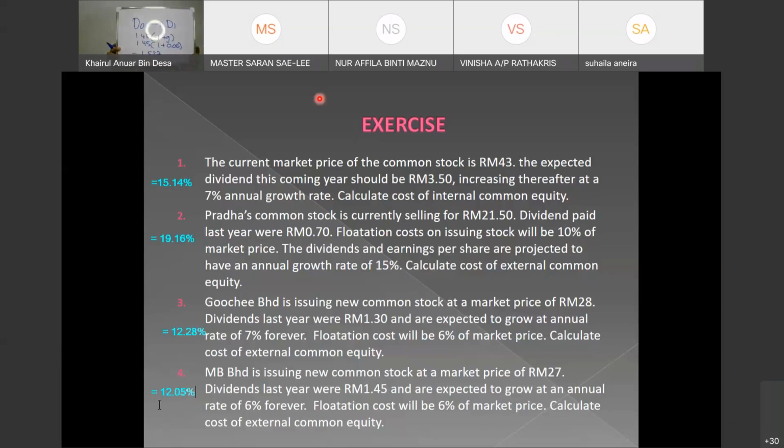Okay, this is for question number 4, D1. Here D1 is 1.45 times (1 plus g), and then 1.45 times (1 plus 6%) here. So D1 here is 1.537. This is for D1.